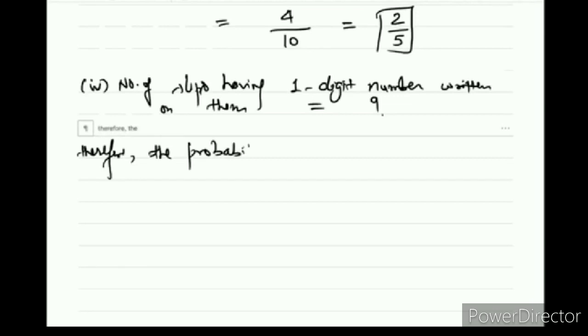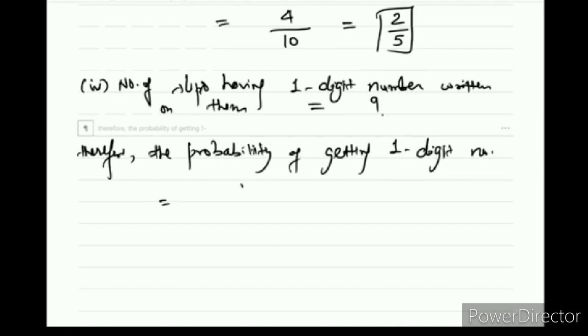Therefore, the probability of getting a 1-digit number is equal to, what is the answer? Yes, 9 by 10. Because total 1-digit numbers are 9 and total outcomes are 10. So 9 by 10.